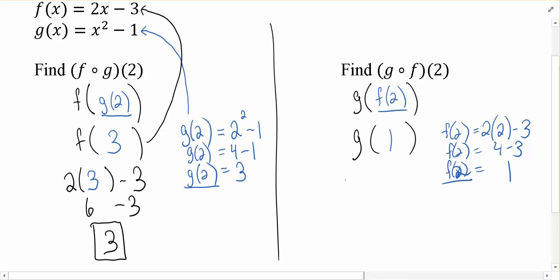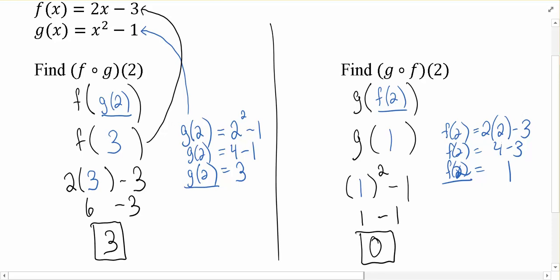The g function says whatever you're plugging in, square it, and then subtract 1. What I'm plugging in is 1. That gets me 1 minus 1, or 0.